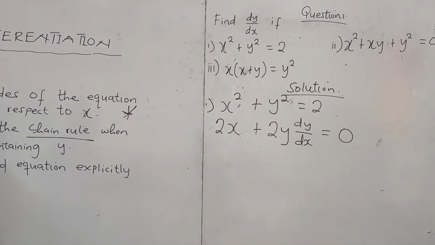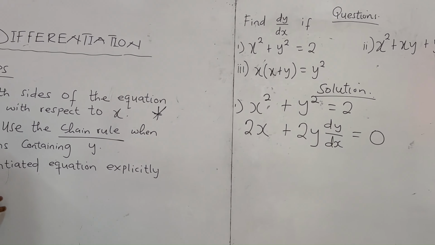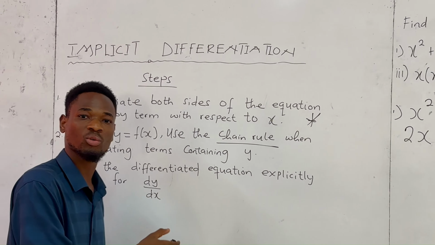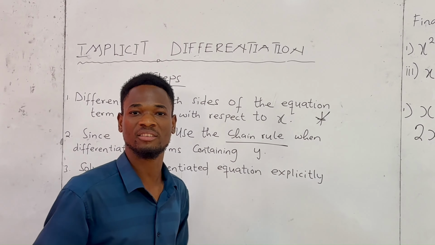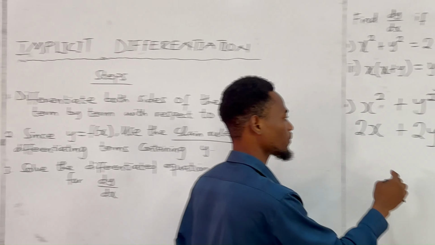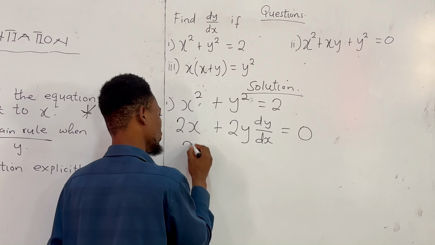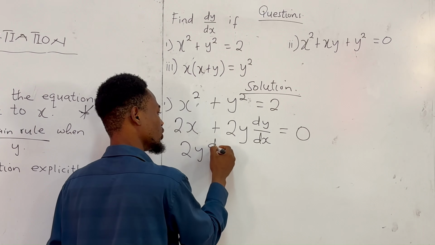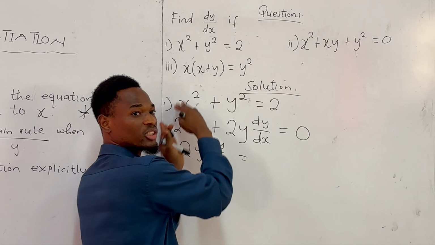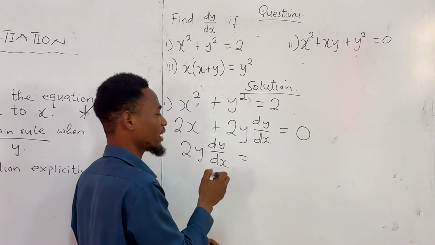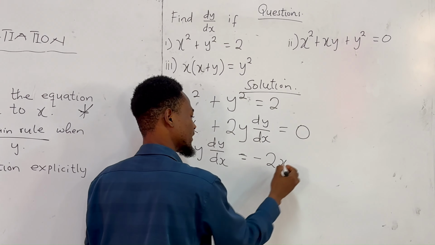What do we mean by solving for dy dx? It means you have to make dy dx the subject of the relation. So I'll make dy dx the subject. So I have 2y dy over dx equals, then I want to transpose the 2x, so I have a negative 2x.